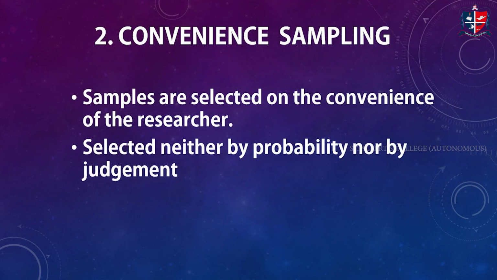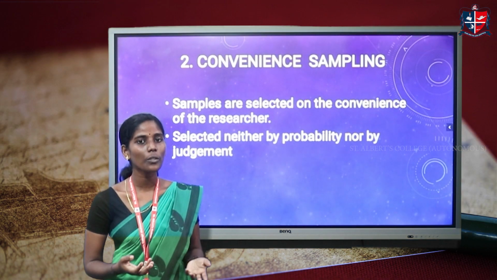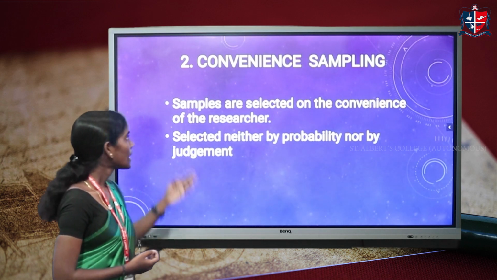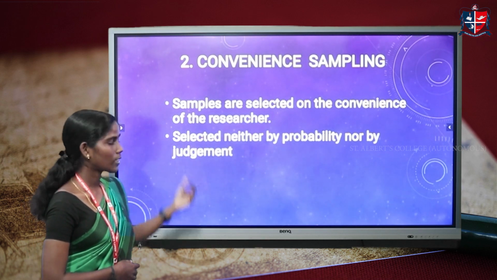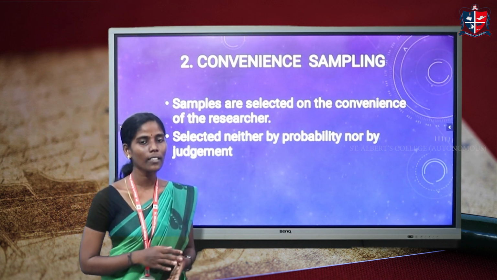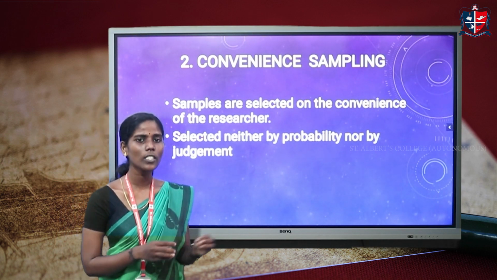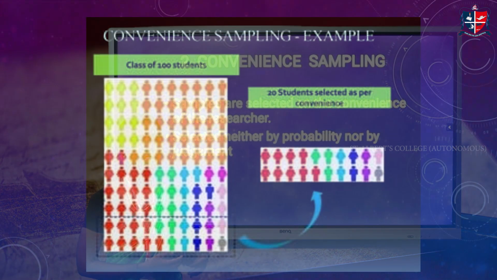Next one, convenient sampling. So it is clear from the term that the researcher selects the samples according to his convenience. Samples are selected on the convenience of the researcher. There is no probability, there is no judgment. He does not make it deliberately. He just makes the samples according to his convenience.